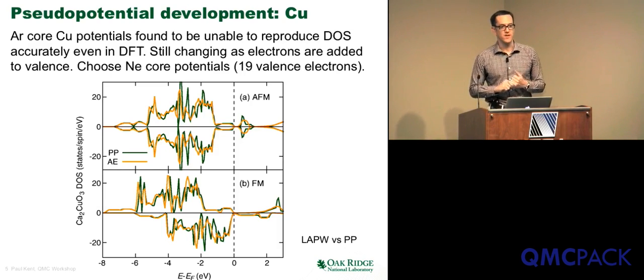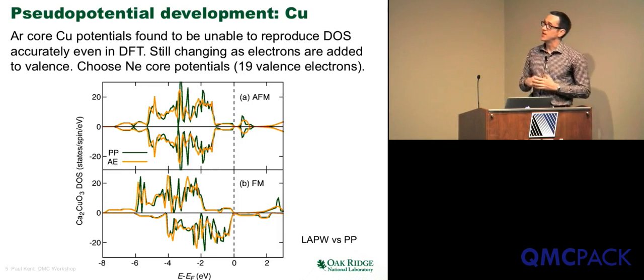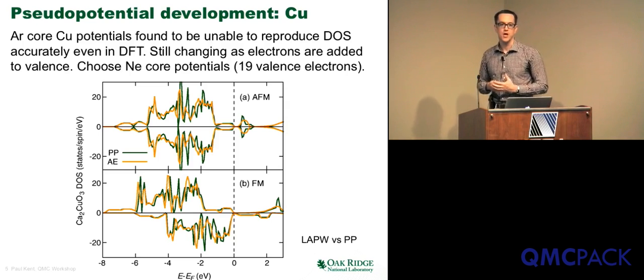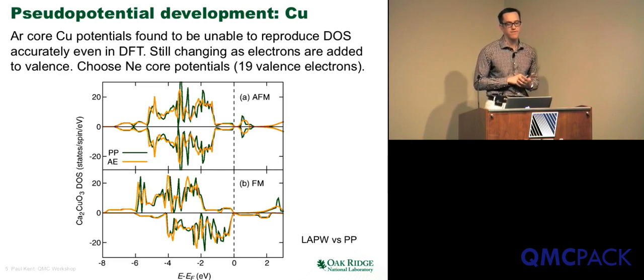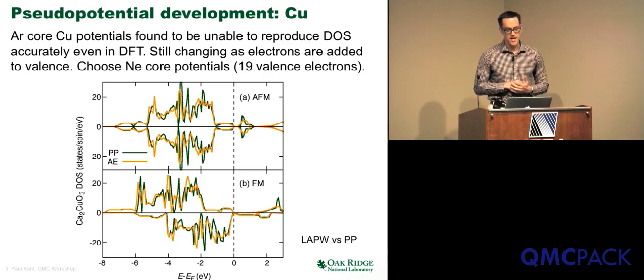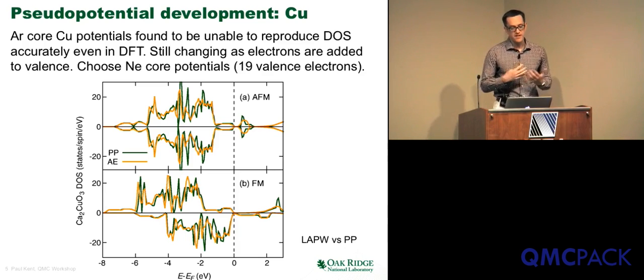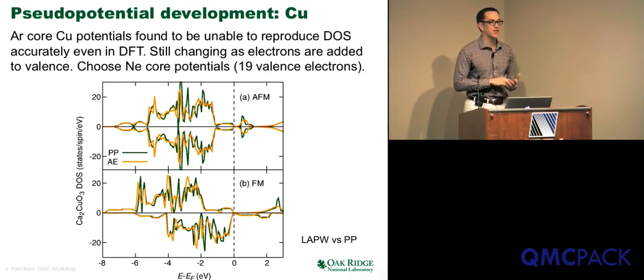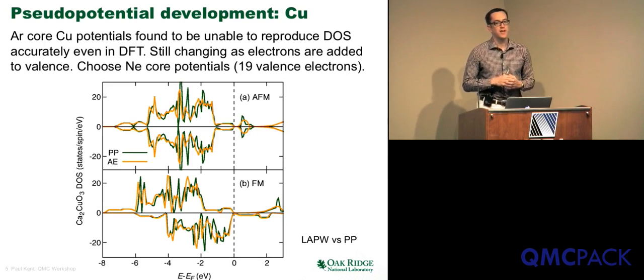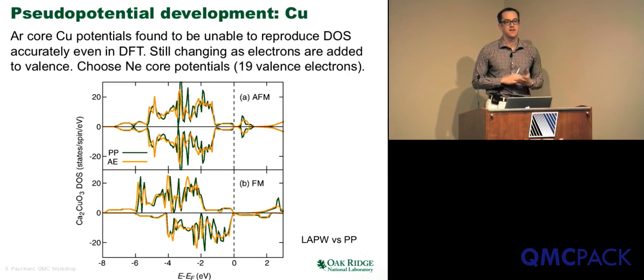One extra thing that we did that I think is worth mentioning is we had to start by asking ourselves what's the minimum number of electrons we need in the valence? And one can do a fairly straightforward test here to get a hint. We tried different calculations in DFT comparing to all electron results and saw when we actually obtained a good reproduction of the density of states.